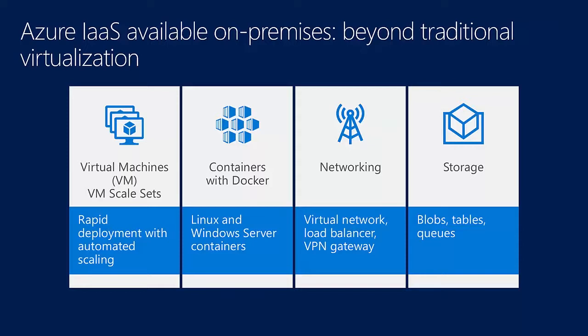So the virtual machines and the virtual machine scale sets that run in Azure run in Azure Stack. And then you've got containers with Docker, both Linux and Windows Server containers. Then the networking capabilities, if you're familiar with Azure networking, you've got virtual networks, you've got load balancers and then VPN gateways and other network function virtualization capabilities as well. And then with storage, you've got blobs, tables, and queues, just like you have in the Azure Public Cloud.